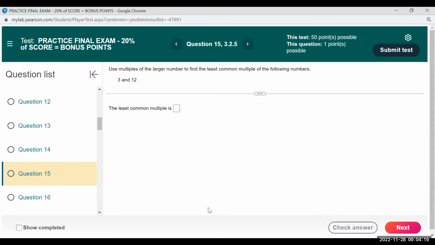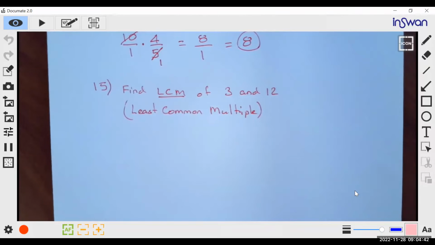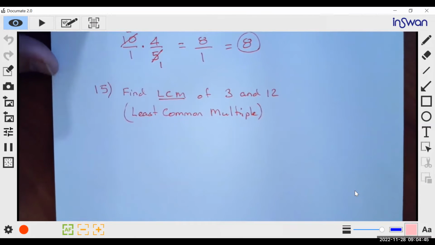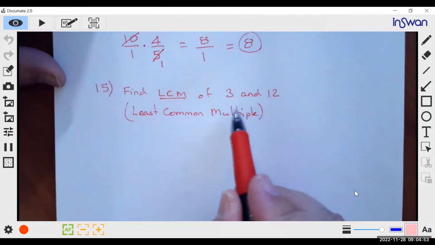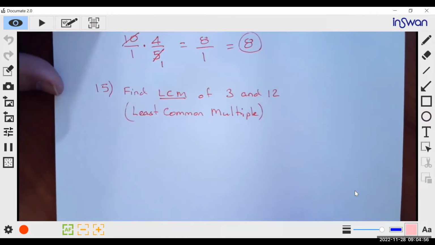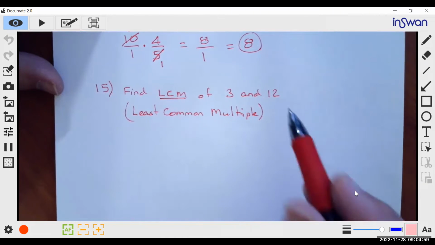What does it mean, least common multiple? So what's the smallest number that both of these numbers fit into? 12 doesn't fit in 3.